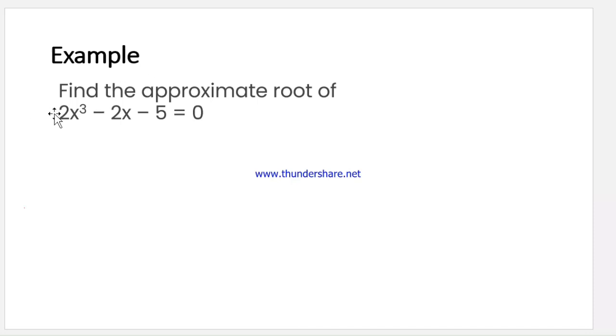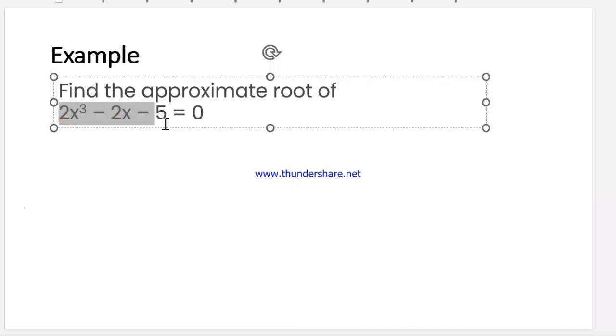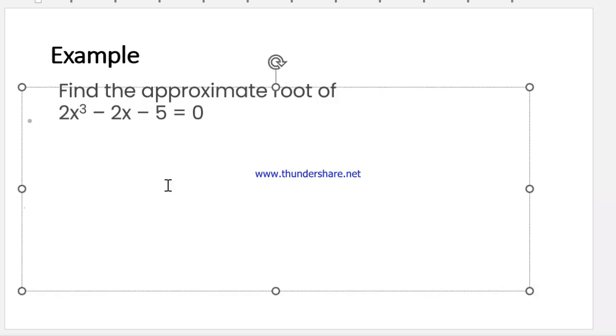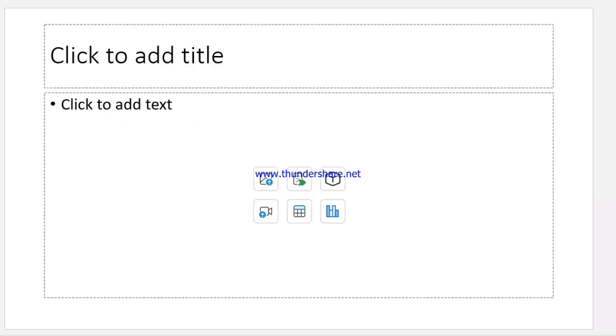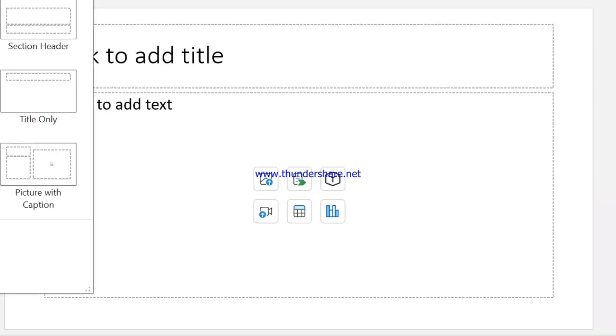Now let's see the same equation that we solved for the fixed point iteration. Let's solve it now with the Raphson method to find the approximate root. Step 1, initial guess. We find f at x equal to 0, and just like before, we got minus 5.